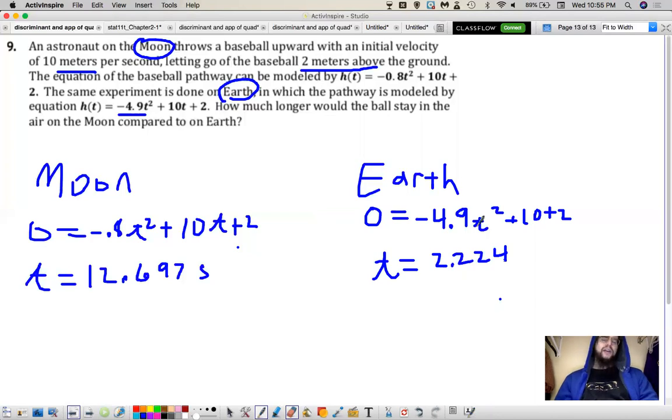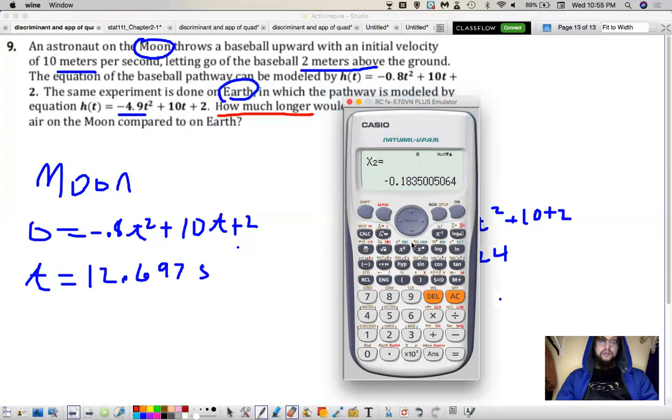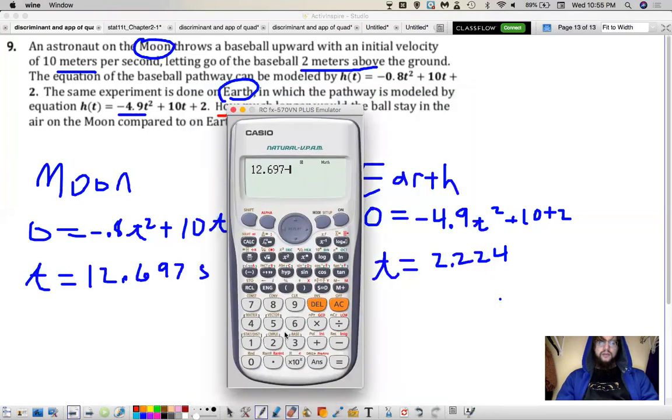So what is our answer? Well, go back. What is our question? How much longer would it stay in the air on the moon compared to the Earth? So what are we going to do with these? Subtract them. And we're going to get 10.473.